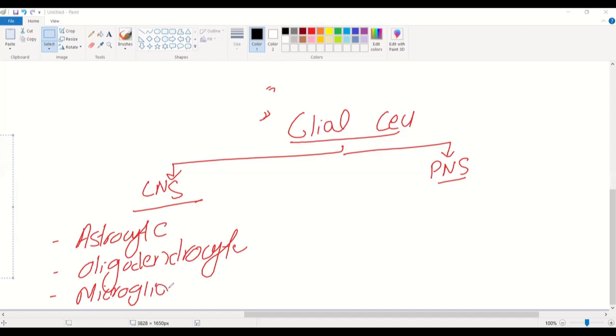One more is ependymal cells. While the peripheral nervous system glial cells are satellite cells and Schwann cells.